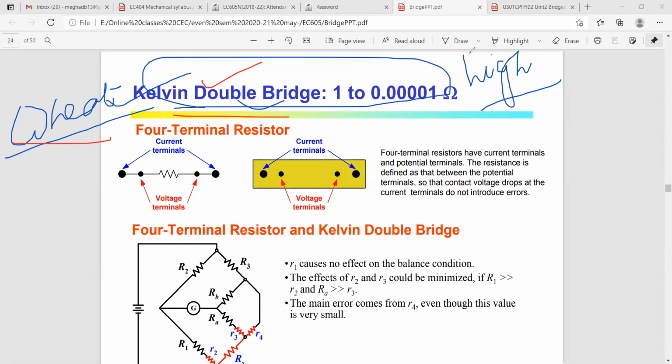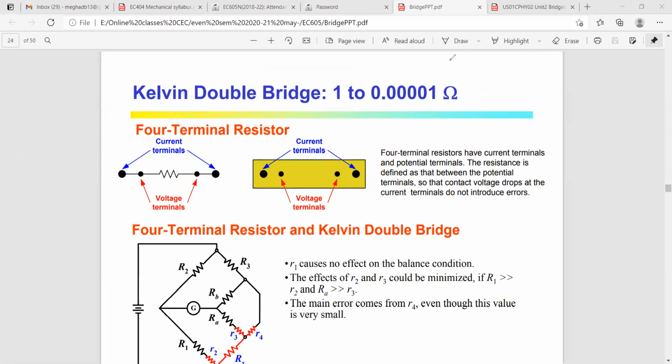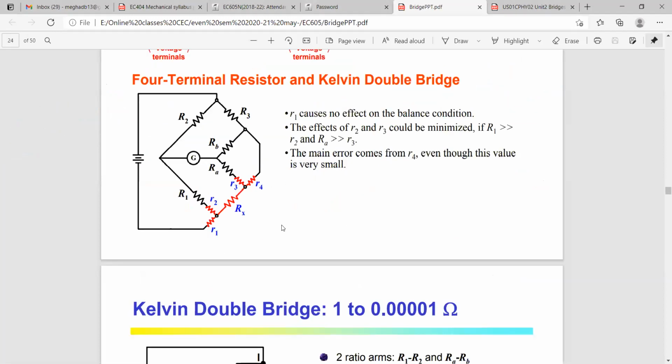Now let's come to the particular circuit. In this circuit, the Kelvin bridge has resistance small r, which connects with the capital R unknown resistance. That means Kelvin double bridge.